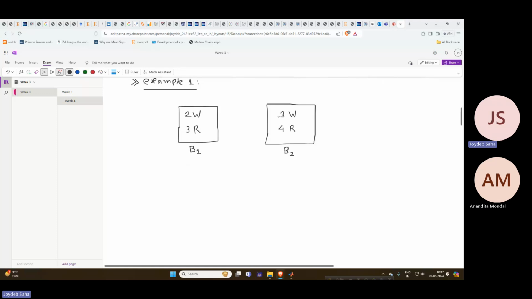Second box contains three white and four red balls. Now we are picking a ball randomly from any of the two boxes. What is the probability that the ball we have picked is white?